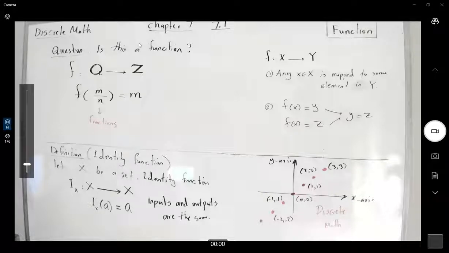Can you come up with two fractions that give you the same z values? Any idea? Anything about it? Something to think of? Two fourths and a half. Very good, very good.